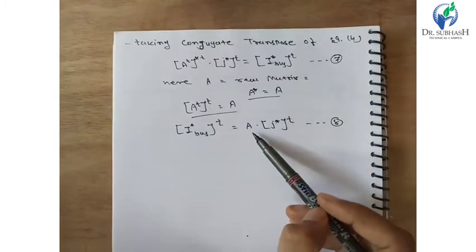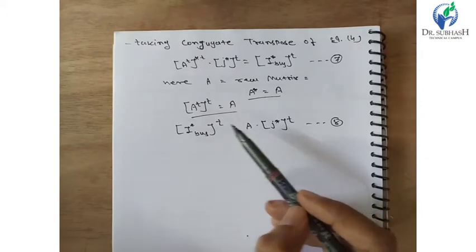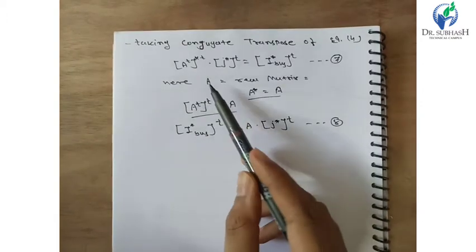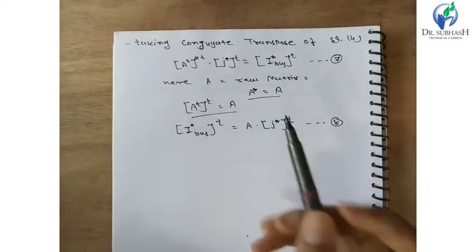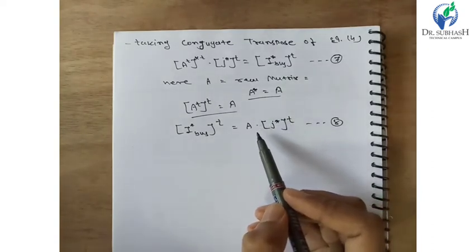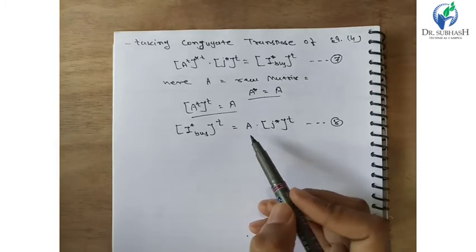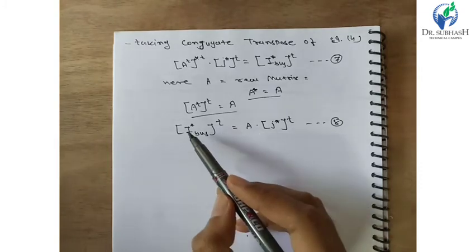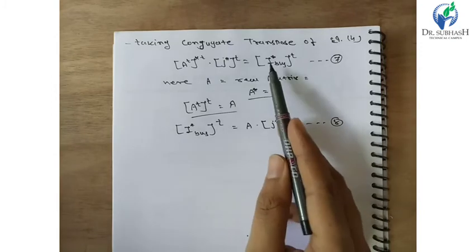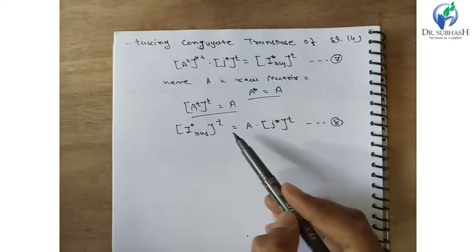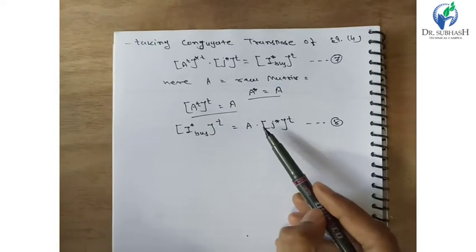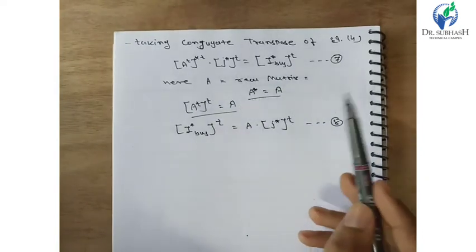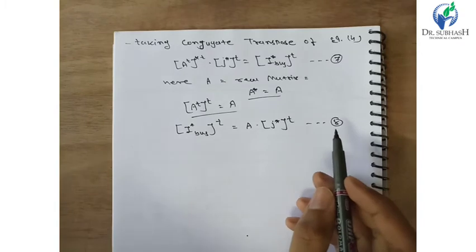So here we put the value, and A^T into T is also put as the value of A. Using this form, we represent equation number 8. Here I star bus into T is equal to A and J star into T. This is equation number 8.